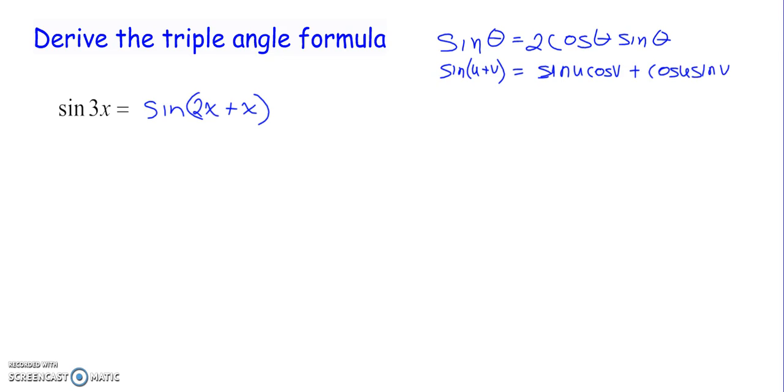Saying everything wrong. Okay, looks pretty good there. So now I have this written as the sine of a sum, and I'm going to expand it using this first formula. The way that's going to work is I will have sine 2x cosine x plus cosine 2x sine x.